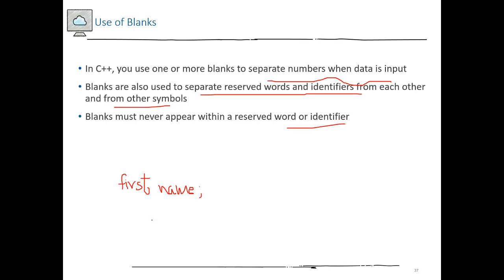You cannot have a space in your identifier. The correct way would be to say first, then camel case, uppercase N, name. Okay, that's the correct way to write an identifier.